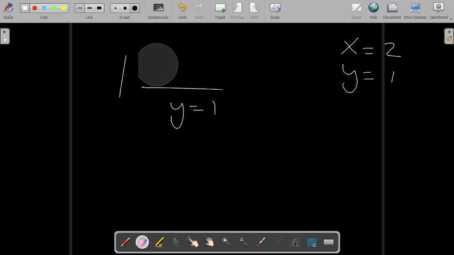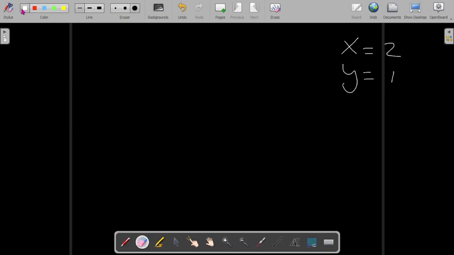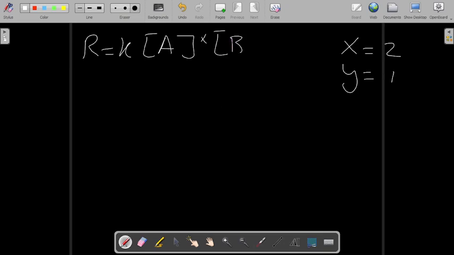The next step is to find K. So this is our rate equation, and we just need to substitute everything by the information given in any of the trials.